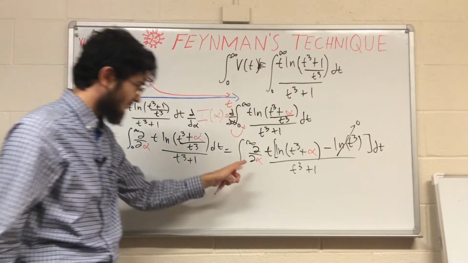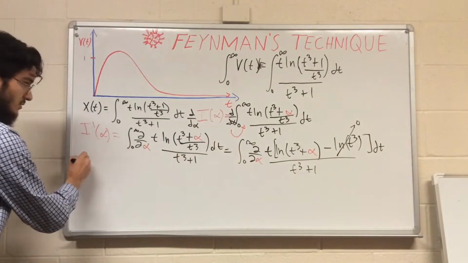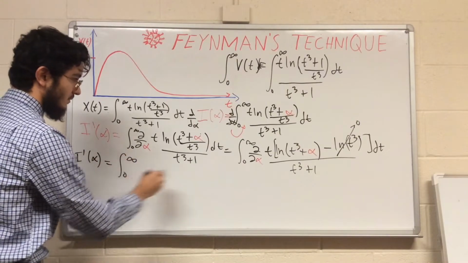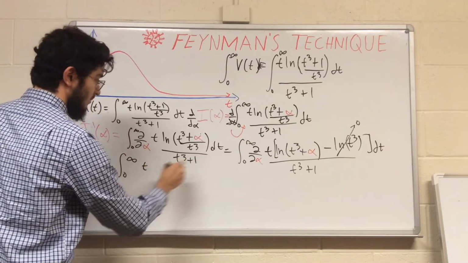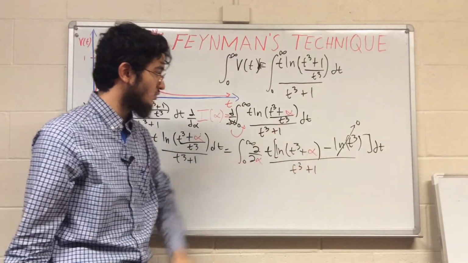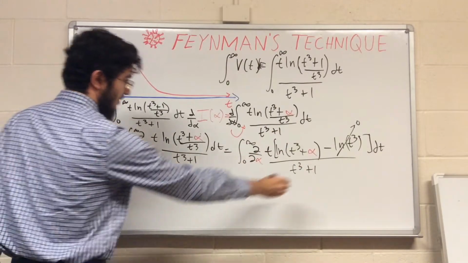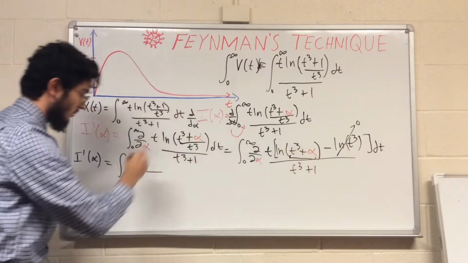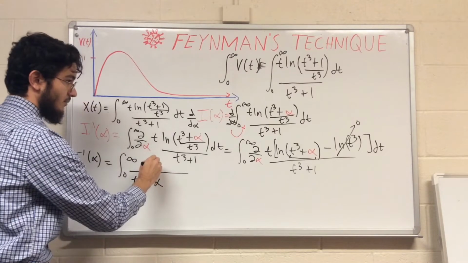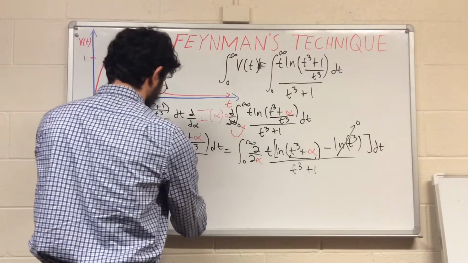And so when we take the derivative with respect to alpha over here, we get I prime of alpha is equal to the integral from 0 to infinity of t multiplied by 1, because the derivative of alpha over here is 1 and the derivative of t cubed is 0 with respect to alpha, and then all of that divided by this part over here using the chain rule, t cubed plus alpha, multiplied by dt, and then over here we have t cubed plus 1 on the bottom.